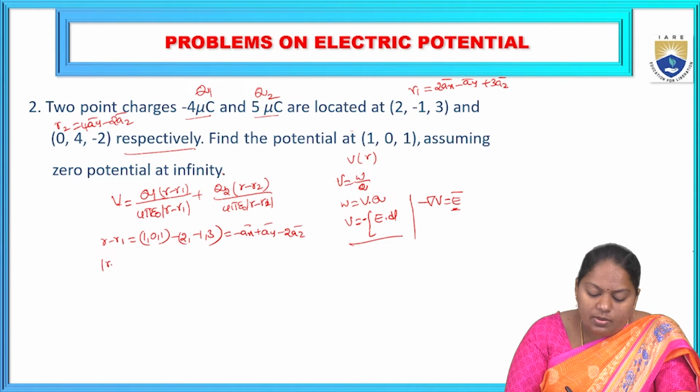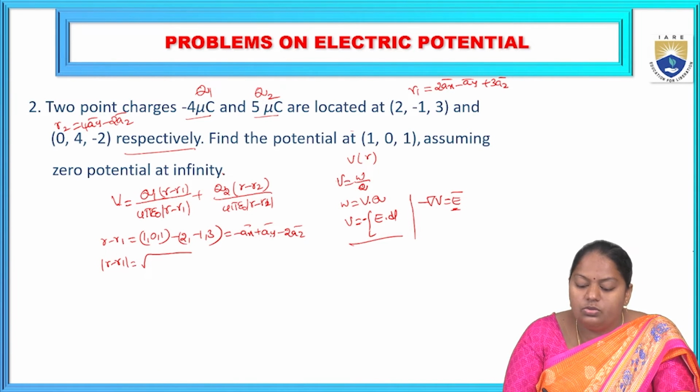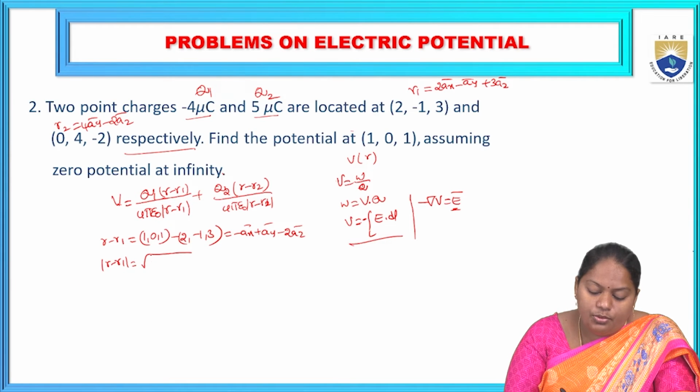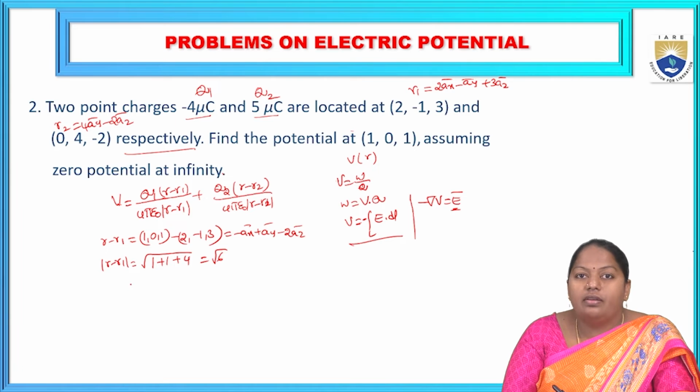Then modulus of R minus R1 becomes root over 1 plus 1 plus 4, which is root 6, the magnitude of R minus R1.